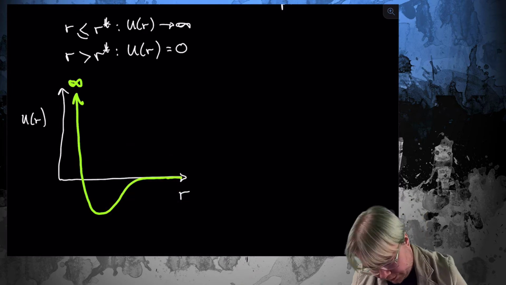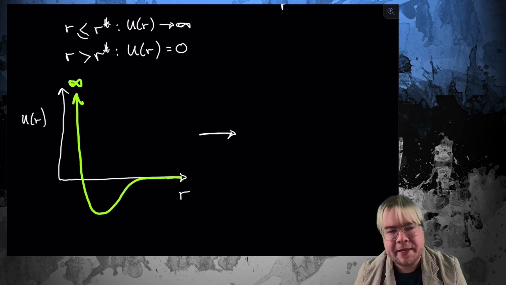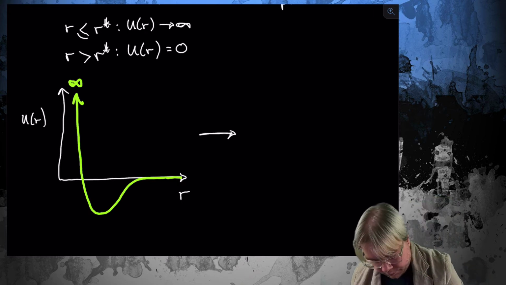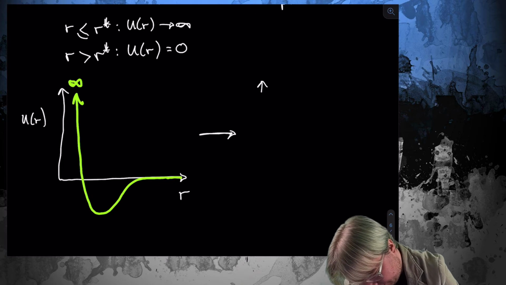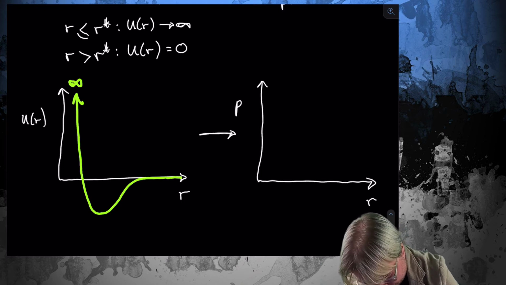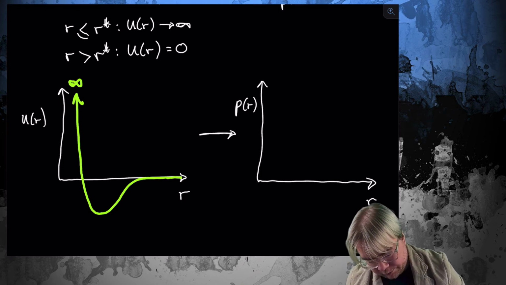So what's the probability going to look like? Well, I haven't told you anything about the functional form, so I can't calculate it exactly. But we can sketch what we expect it to look like, and we can use our previous example to help us a little bit. So this is R. This is P of R. What do we expect it to look like?